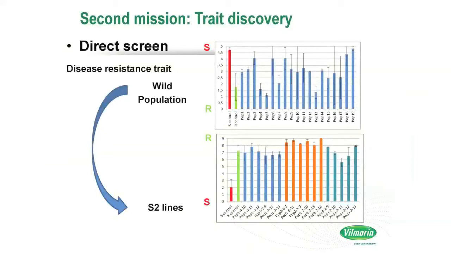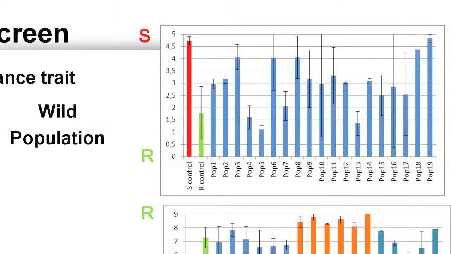In this case, that's part of the results I can show you that we started. In fact, it's just a screening of a wild population for disease-resistance traits. That's what you see on the first graph. You have a wide variation, and you also see variation within the population, with the large error bar. The red bar indicates the susceptible control, and the green one, the resistant control.